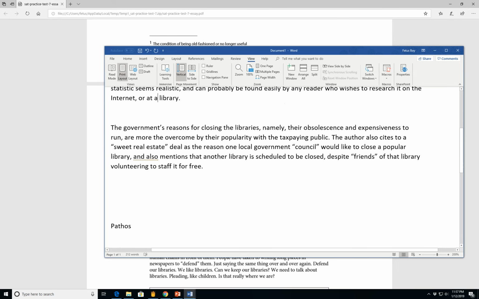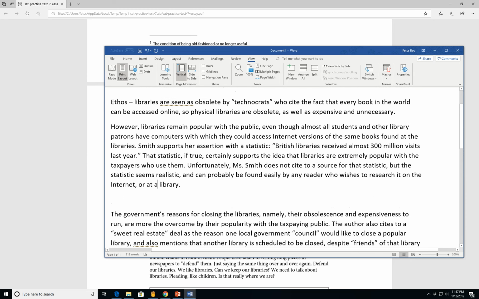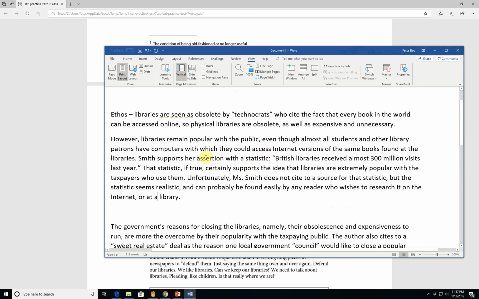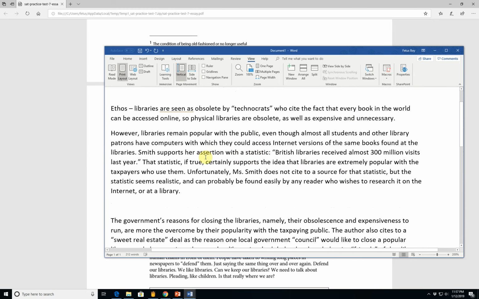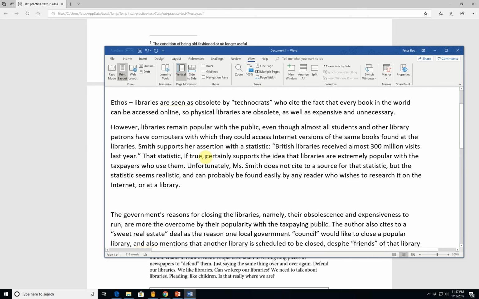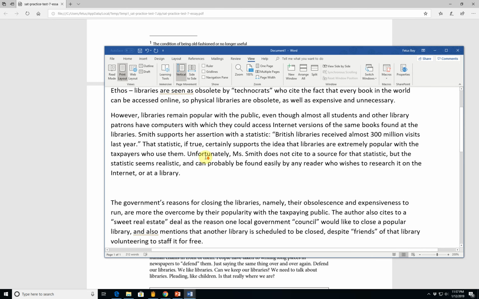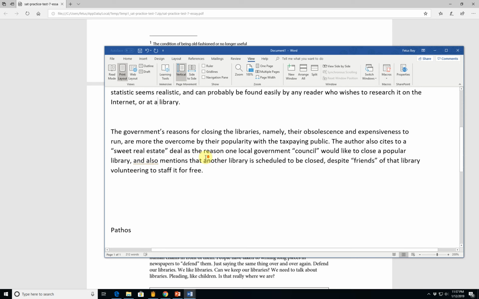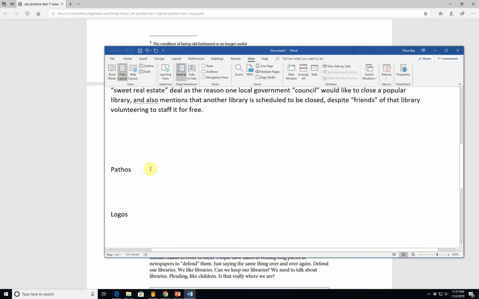So Pathos, Logos. All right. So Pathos. All right. This is a major part of Zadie Smith's argument.